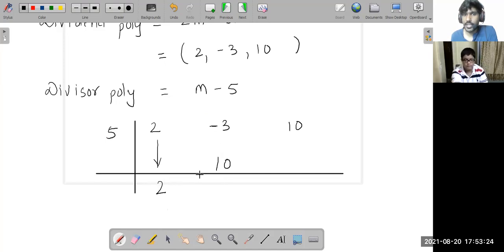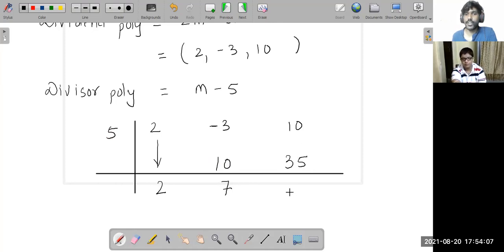Now minus 3 plus 10, how much is it? 7. Will it be plus 7 or minus 7? Plus 7. Why? Because the greater number is 10, which has a positive sign. So plus 7. Now 7 into 5 is 35. So I'll write here 35.